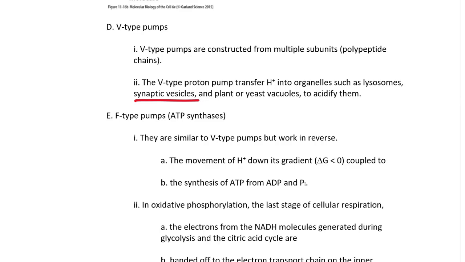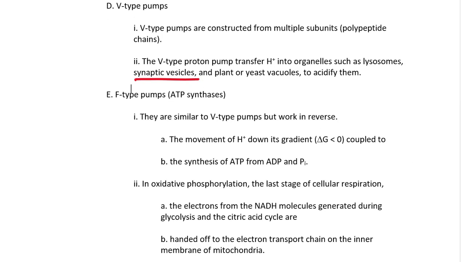So basically a V-type pump is kind of like a P-type pump. It's just structurally slightly different. It's using ATP to move H+ against its gradient to basically acidify some sort of organelle. Okay? Now, F-type pumps, ATP synthases, are very similar to V-type pumps, but they work in reverse.